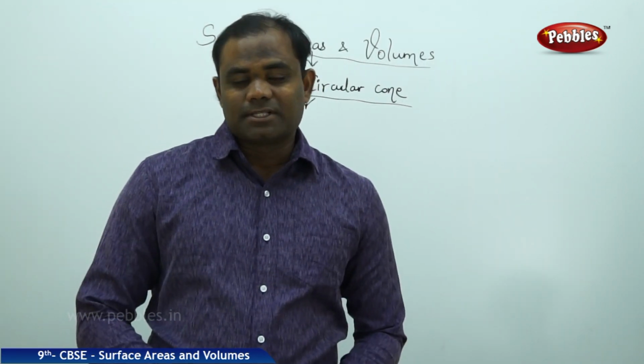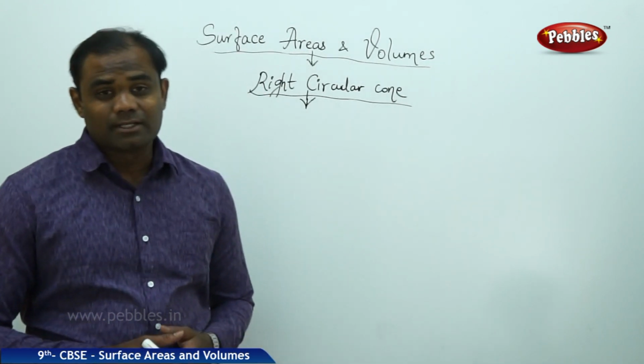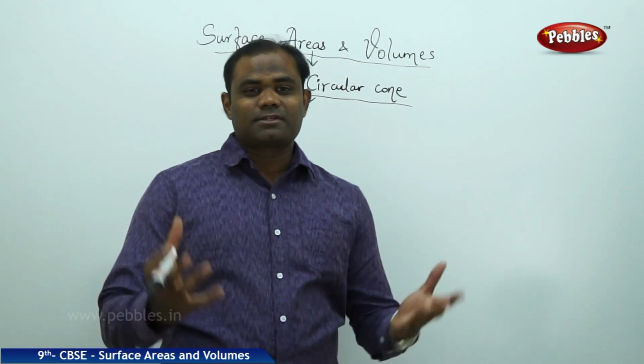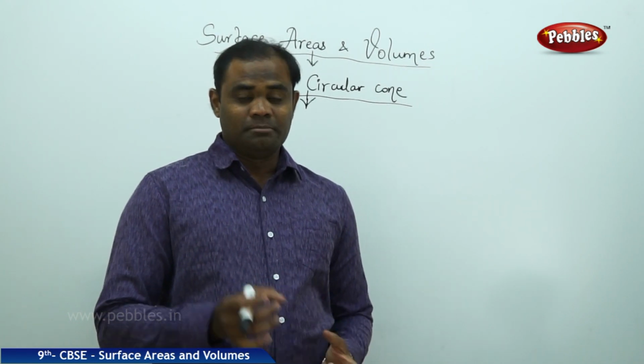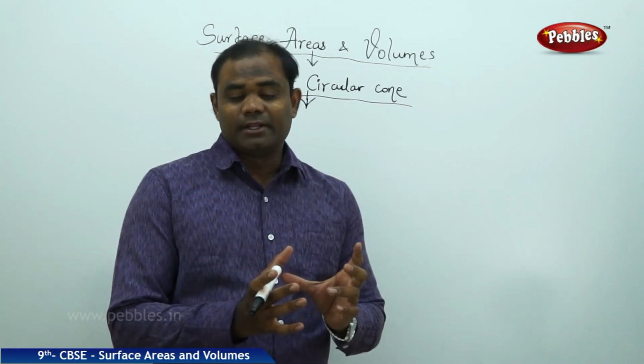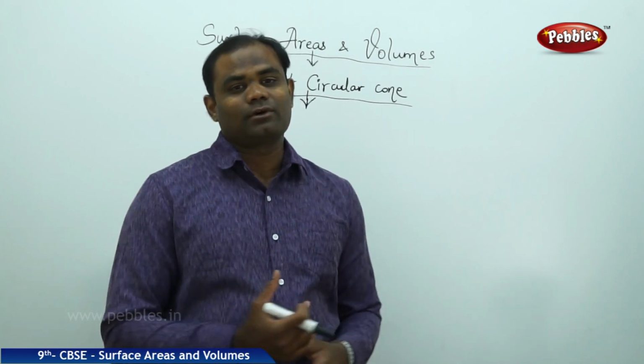Now that we have discussed about a cone or a right circular cone with its curved surface area and total surface area, now let's find what important relation exists between the radius, height and slant height of a cone.